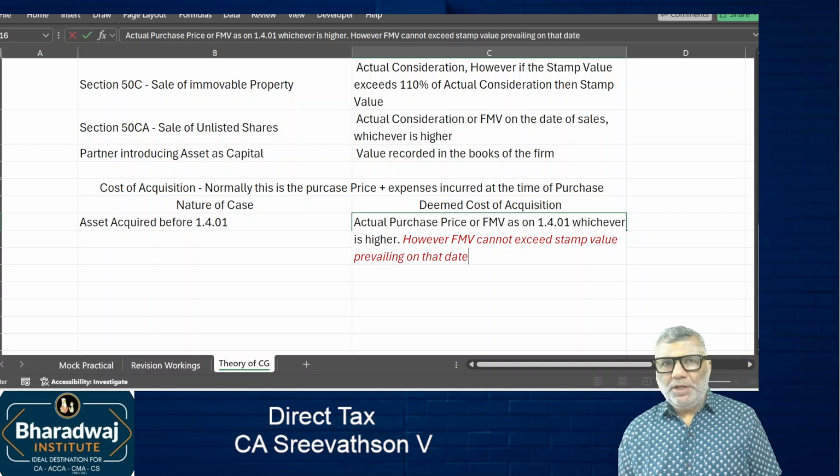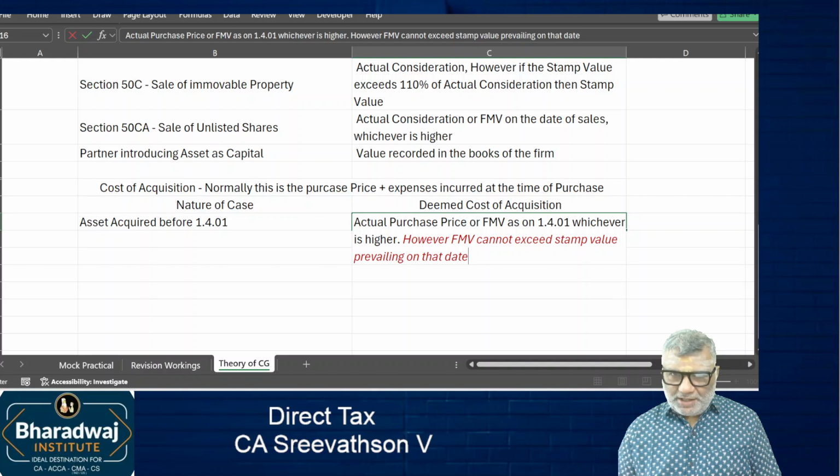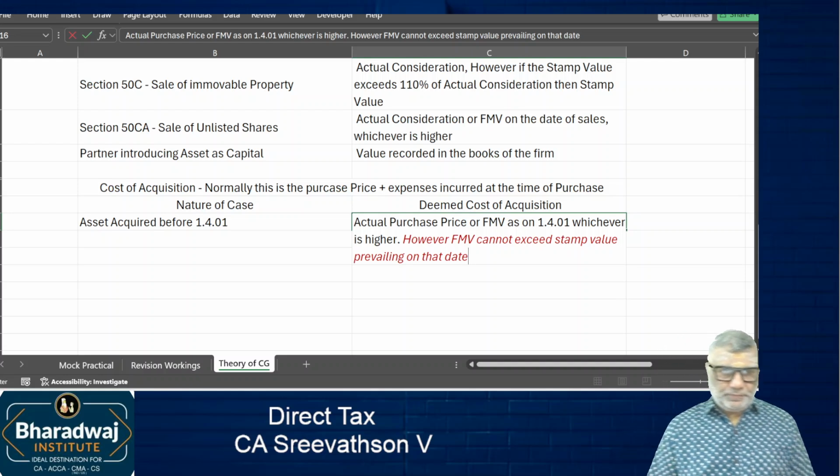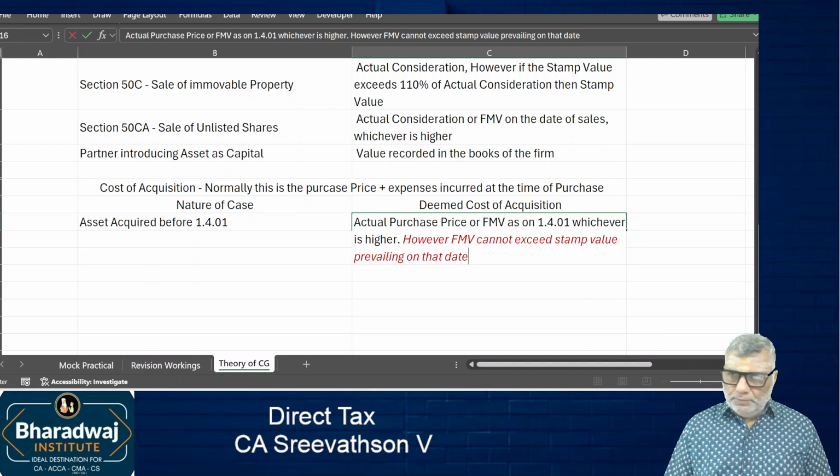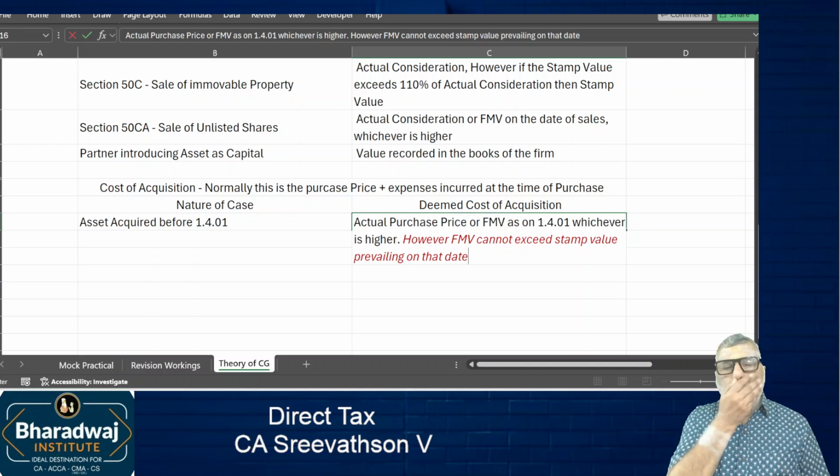So if the stamp value is lesser than FMV, take the stamp value. If the stamp value is more than FMV, take only the FMV. Are you all understanding? Okay.